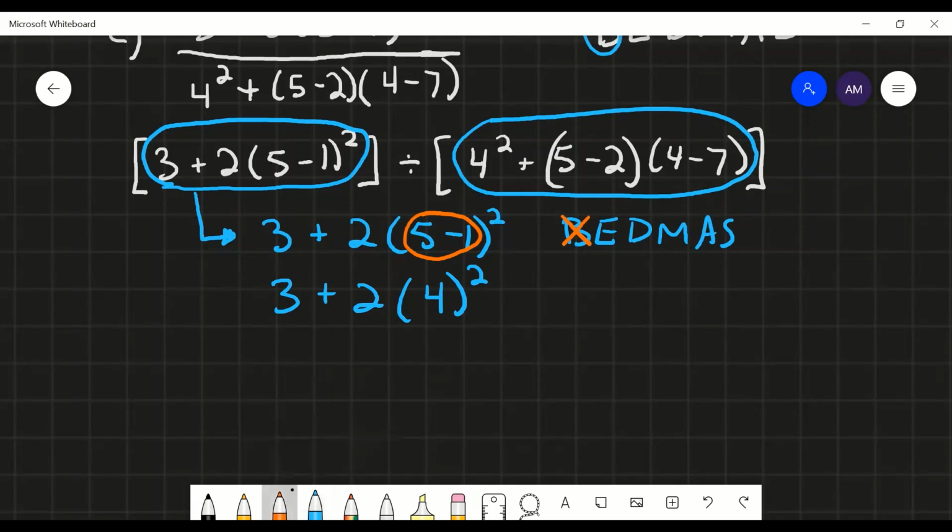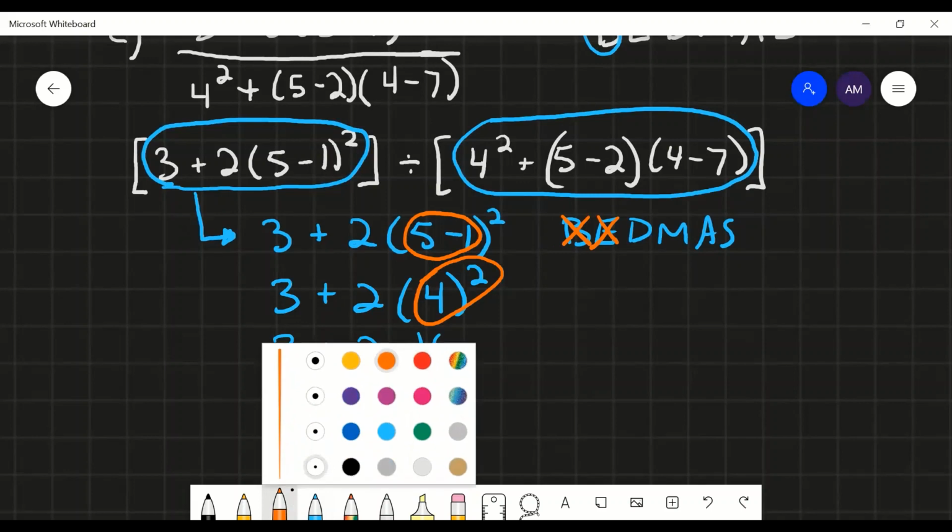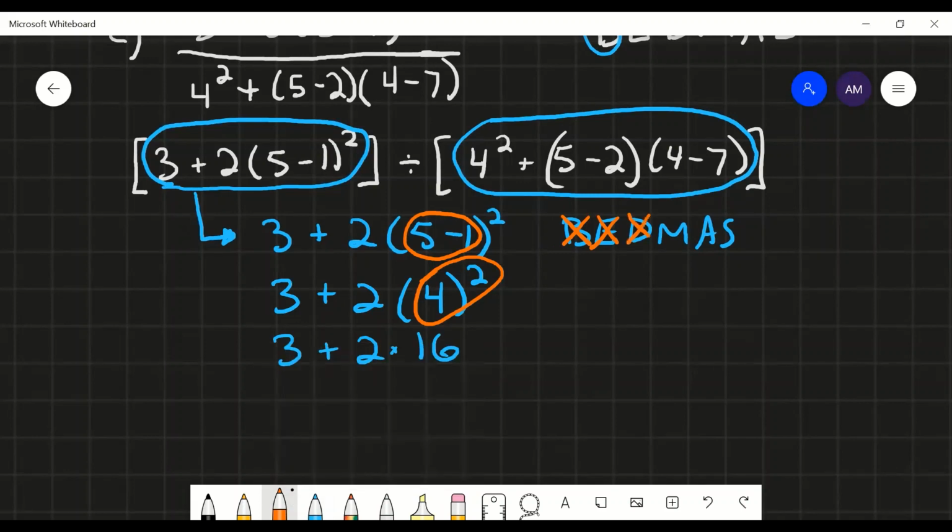Next, are there exponents? Well, yes, there's 4 raised to the power of 2, which is 4 times 4, which is 16. So 3 plus 2 times 16. Exponents are done. Are there divisions? No. No divisions. Are there multiplications?